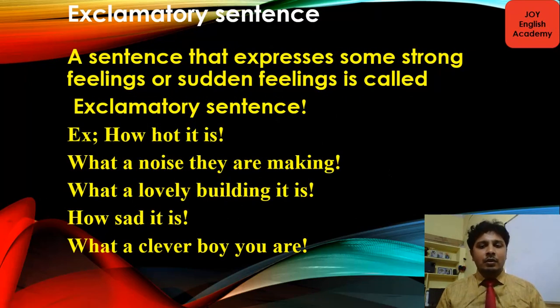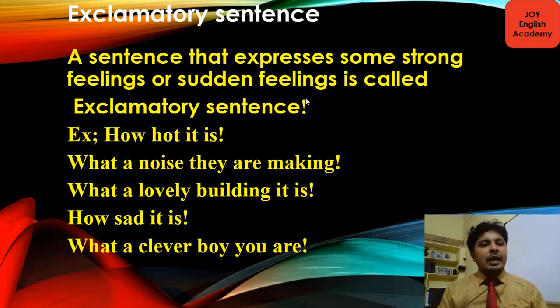Now the last, fourth kind of sentence, the exclamatory sentence. This is a sentence which expresses strong feelings or sudden feelings, strong emotions. Strong feelings are expressed in an exclamatory sentence.